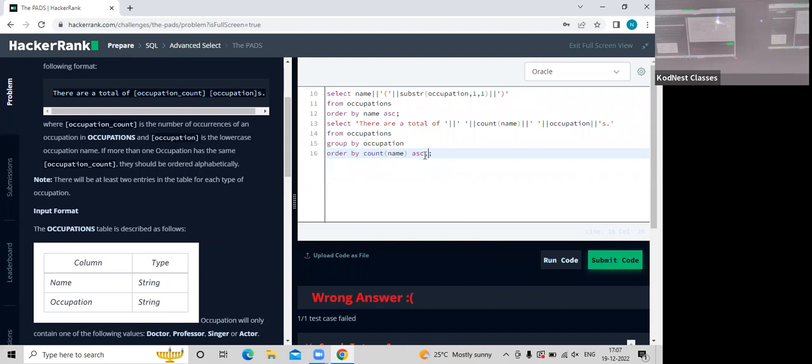Okay, comma, secondary sorting should be based on the occupation in ascending order, because if more than one occupation has the same count, they should be ordered alphabetically. Let's hope that this is at least correct.